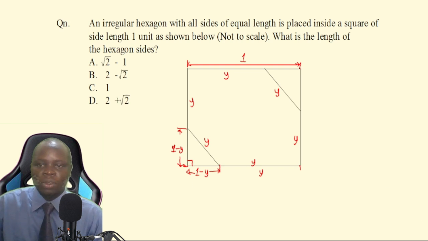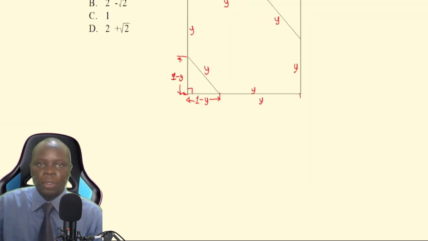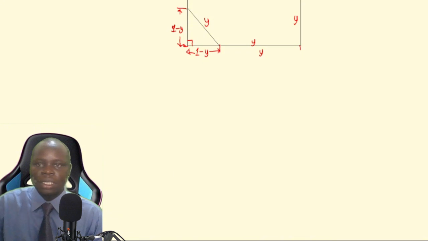So having noticed this, we can go ahead and use Pythagoras theorem to find the value of y. It is stated here that this side, which is the base, and this height, the sum of their squares must give us the square of the hypotenuse.